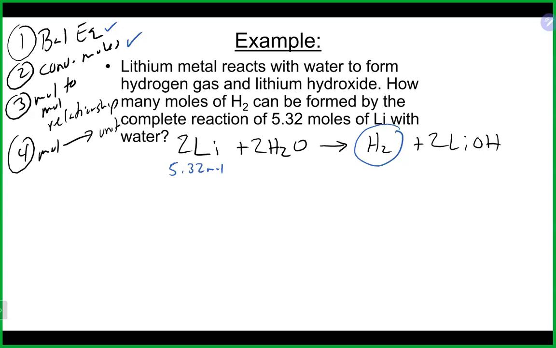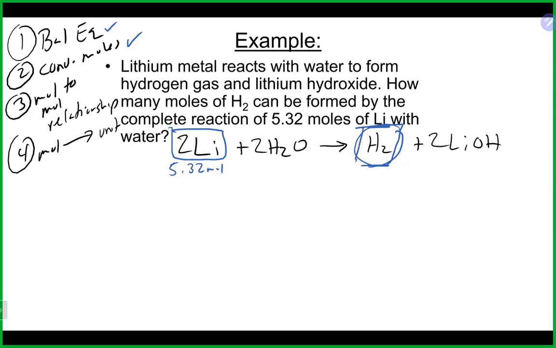That means that we can now go to step number 3, which is the big stoichiometry part. So we want to find the 2 things we're interested in the equation. And one thing is whatever they gave us, which in this case is lithium. The other thing that we're interested in is what we're trying to find, which in this case is the hydrogen.